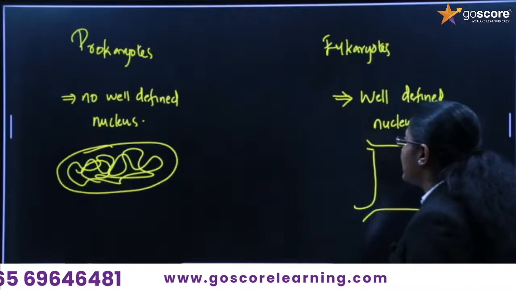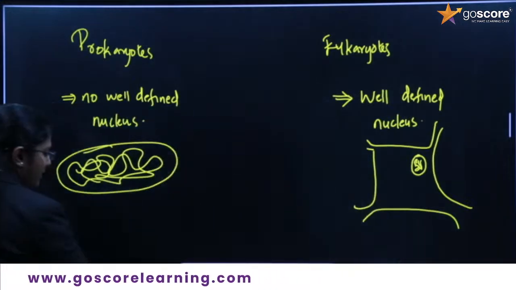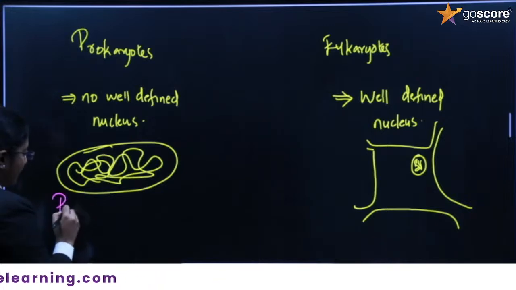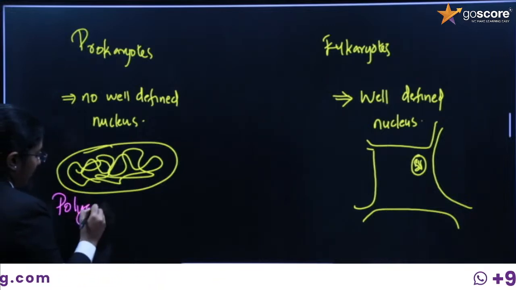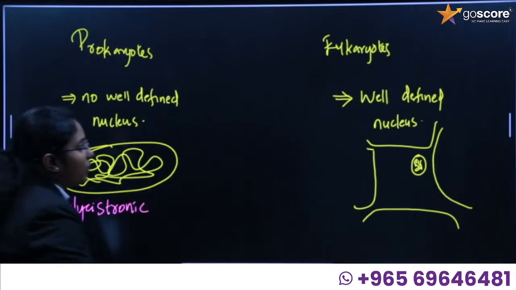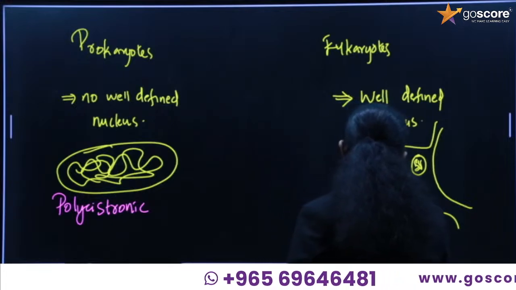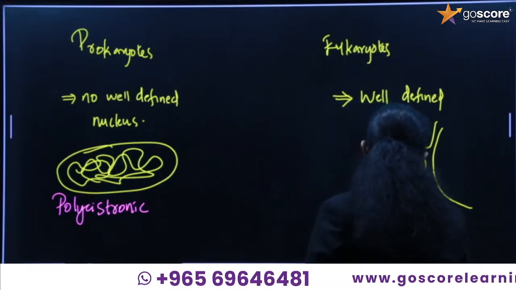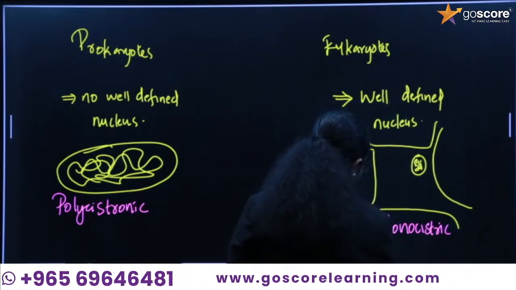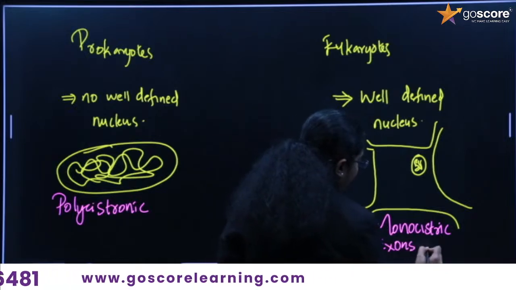Dear students, it is very important: prokaryotes are polycistronic in nature, whereas eukaryotes are monocistronic, and they also have the split gene with exons and introns.